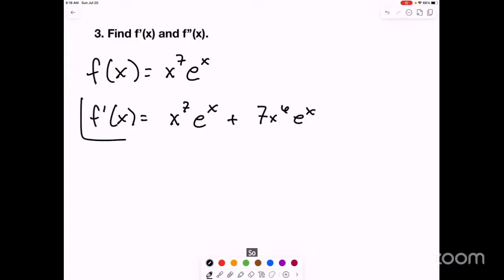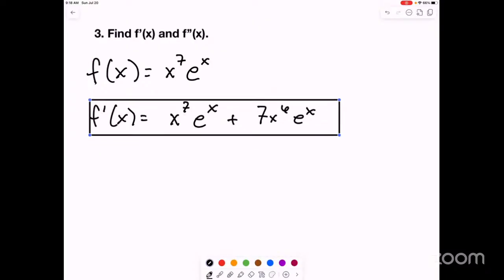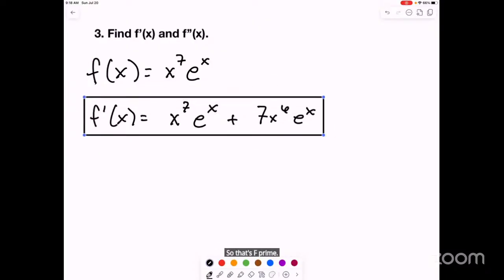So that's f prime. And then f double prime just means we're taking a derivative of the derivative.